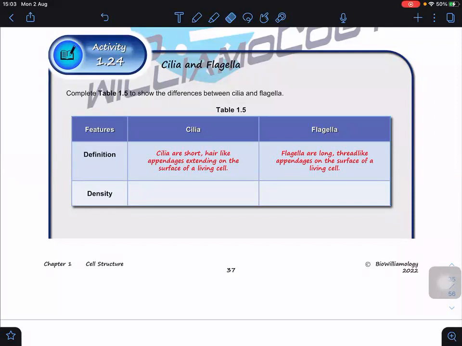Basically, cilia are shorter, flagella longer. In terms of density, cilia are high, so many, even hundreds of them per cell. For flagella, the density is lower, about 10 per cell at most, or less than that.